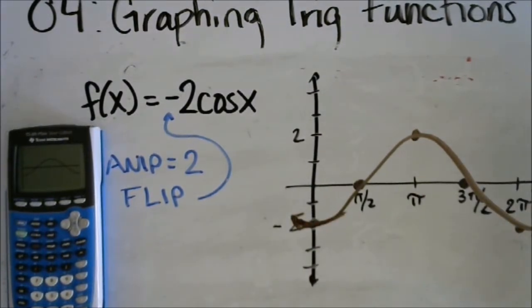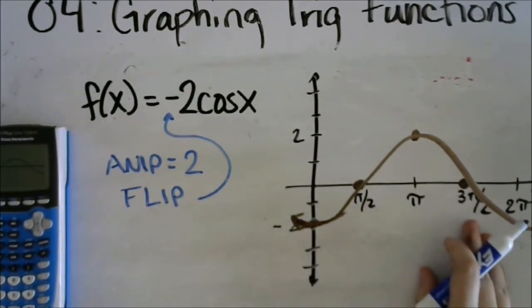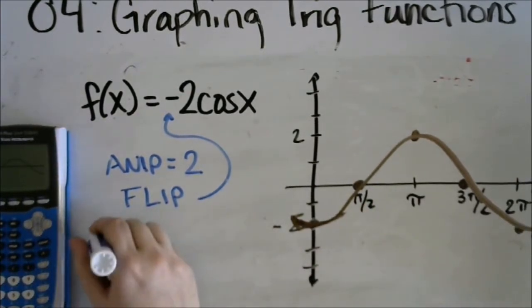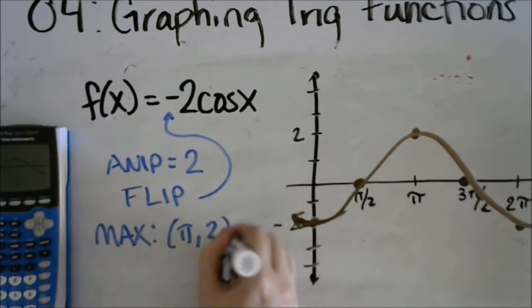What of the key features has been changed by switching the amplitude of cosine to negative 2? The x-intercepts are still at pi halves and 3 pi halves, but now our maximum is at pi, 2.